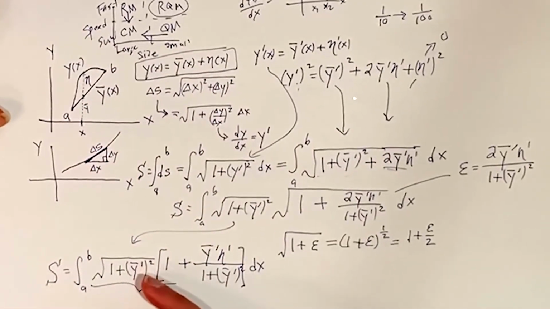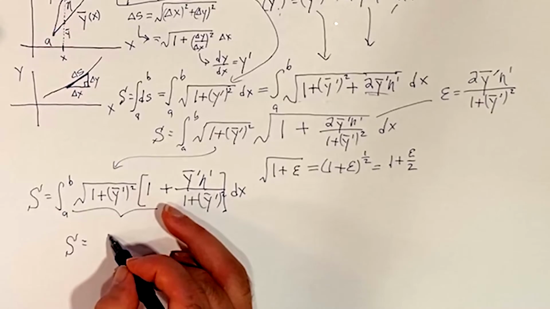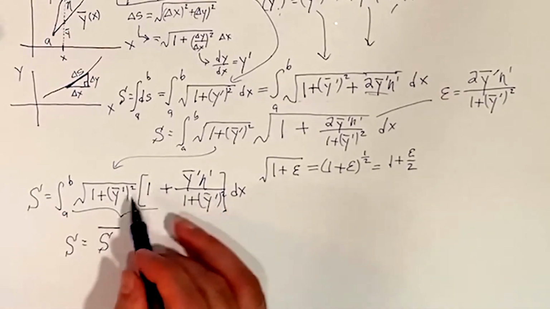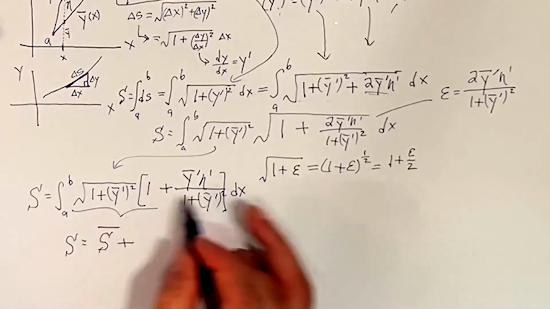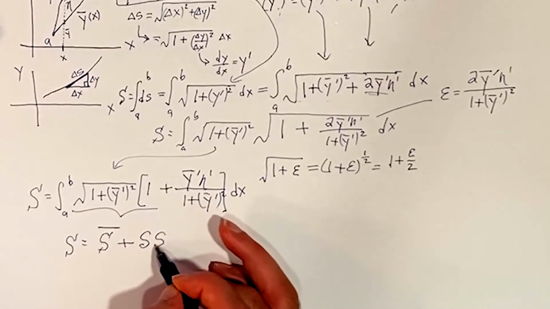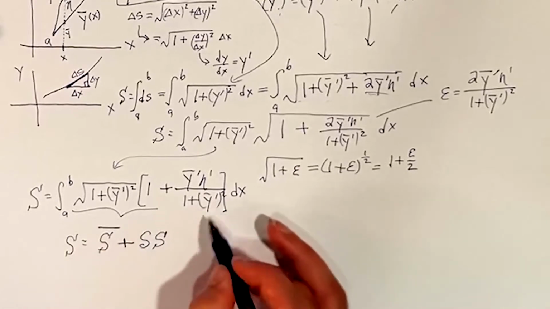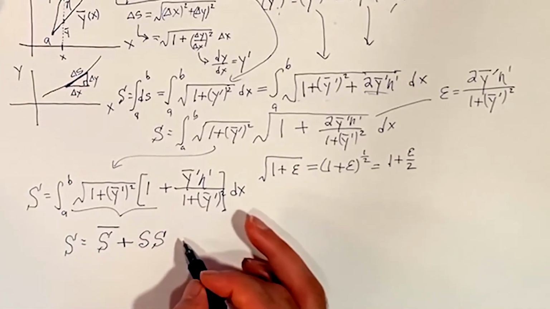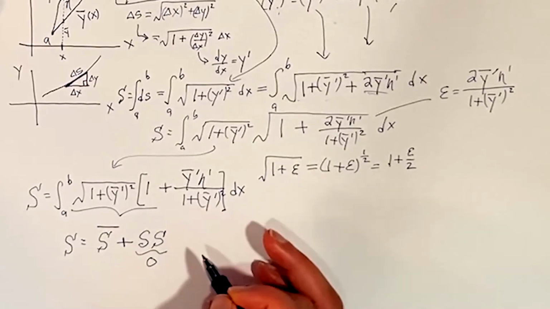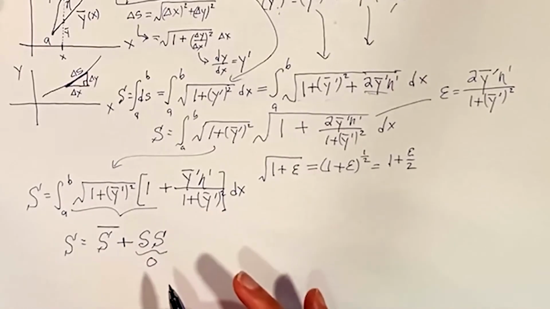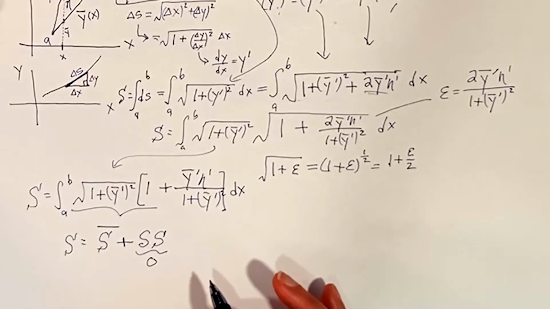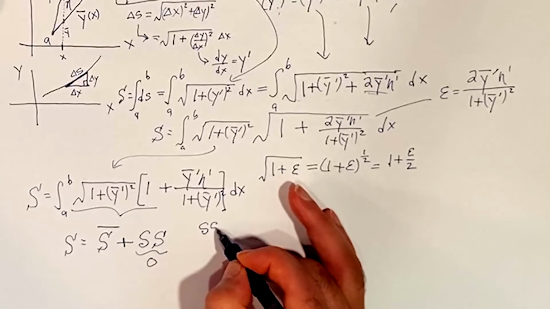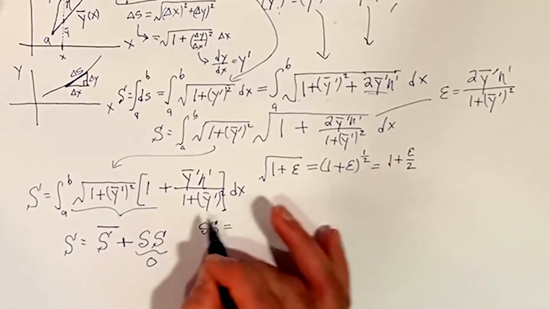So I can write this as having the correct answer, the S bar version, plus this other version, some variation, or a deviation, some variation of the arc length. And I want this to be 0. When I make that 0, I'm going to find the function. That's the logic. Well, what is the variation of the arc length? What is the second piece?